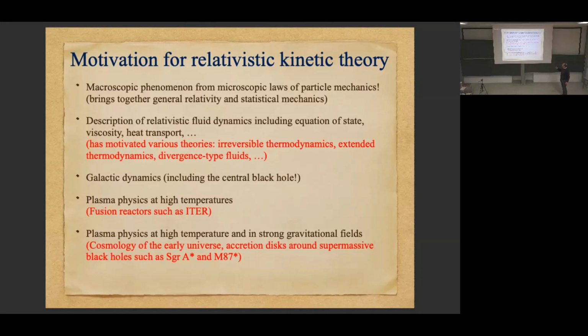You have microscopic laws for a large number of particles, and then, instead of following each particle, as Markus Kunzle described yesterday in his course, you use a statistical description through a distribution function. From this you read out the macroscopic observables and get interesting phenomena. That's probably the most fascinating thing about the theory.